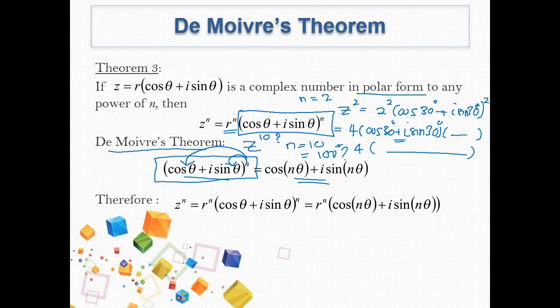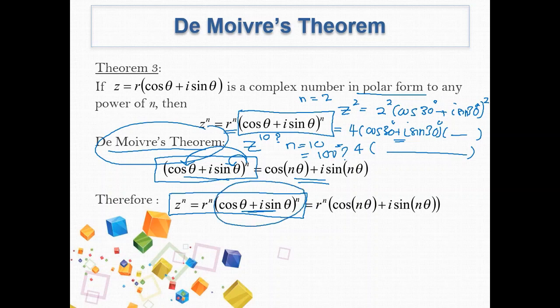So in full, if z is to the power of n, your r is to the power of n, and the trigo term is to the power of n. When we apply the De Moivre theorem, this part changes to that. Now it becomes simple.